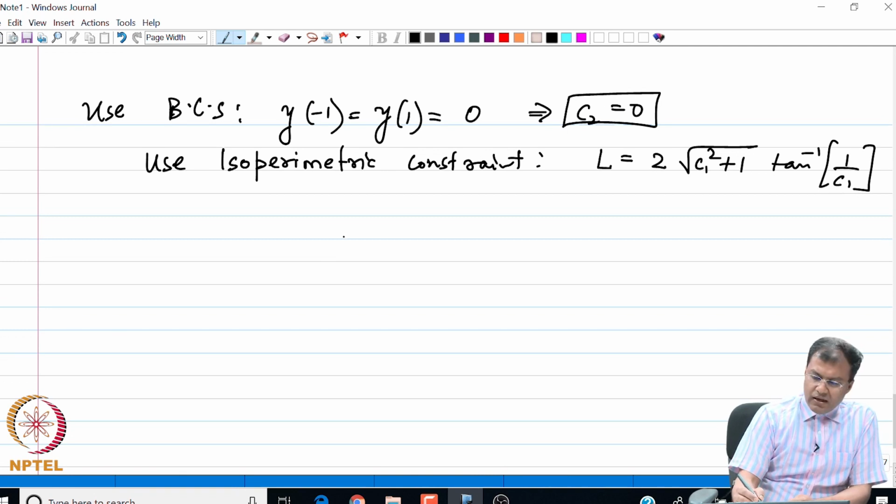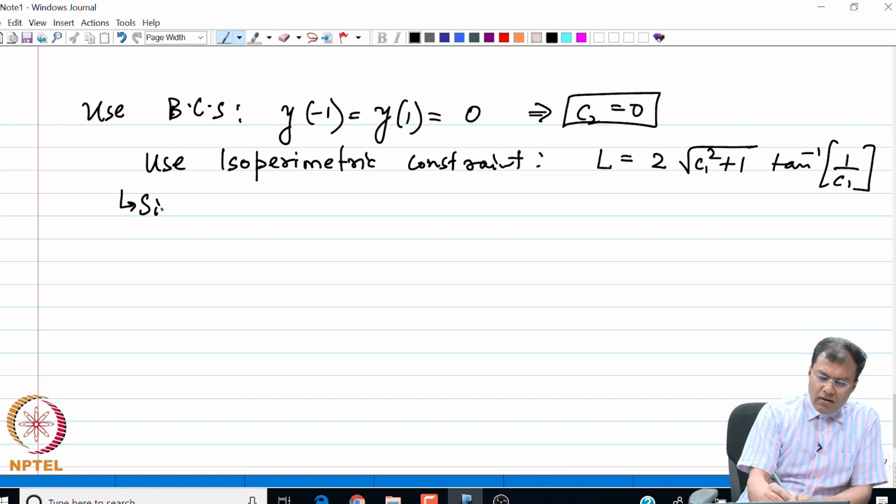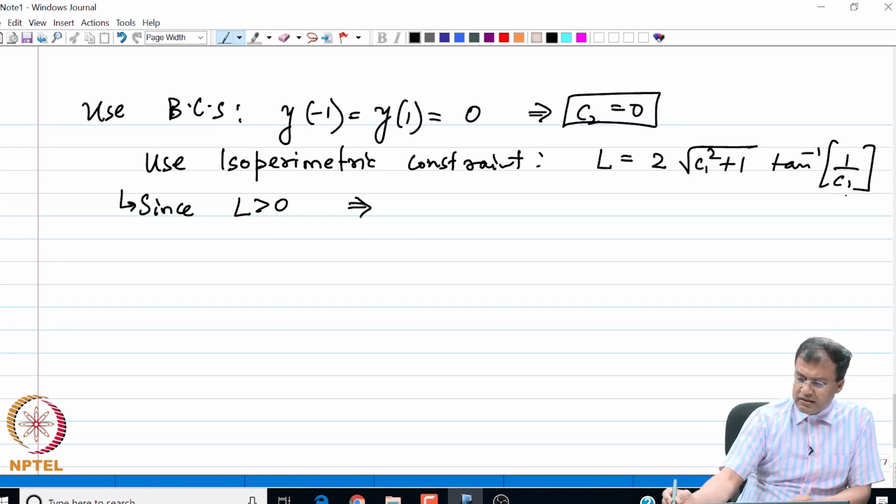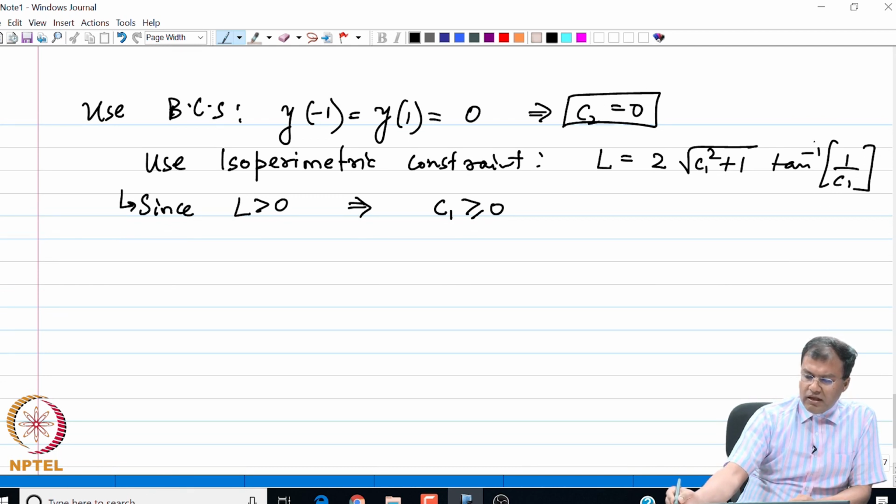Now, notice that since my length L is bigger than 0, I must have that C1 is also bigger than 0. Otherwise, since the sign of this expression on the right is completely governed by the tan inverse, and that is positive only when C1 is positive.